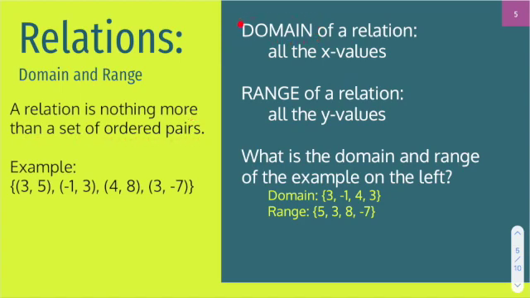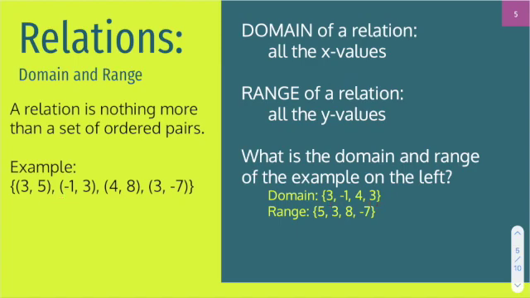We call the domain of a relation all of the x values and the range of this relation all of the y values. So for example, if I have this relation over here: (3, 5), (negative 1, 3), (4, 8), (3, negative 7). If I asked you to find the domain and range of this example, it's pretty simple.